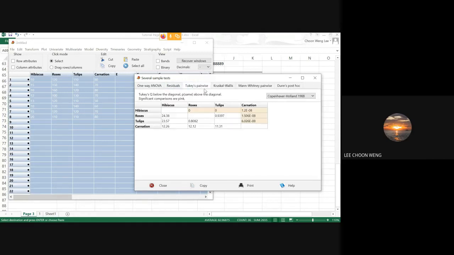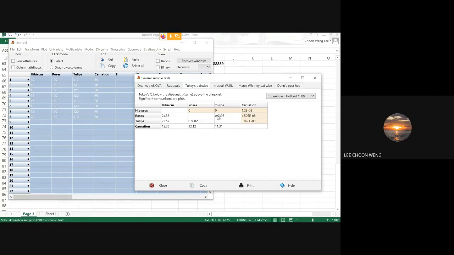When you do a Tukey pairwise, you will see immediately that the hibiscus is sold less than all the 3 flowers. Whereas carnation is sold less than roses and less than tulips, but there is no significant difference between roses and tulips.